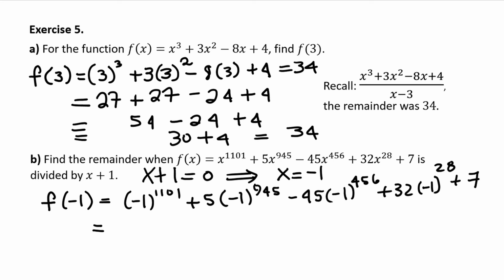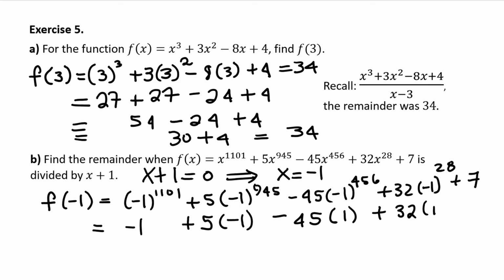So -1 to an odd power is -1 plus 5 times -1. 945 is an odd power, so that's also going to stay negative, minus a negative raised to an even power makes it positive, so -1 to 456 will be positive 1 plus 32 times negative 1 to 28 is also even, so positive 1 plus 7.